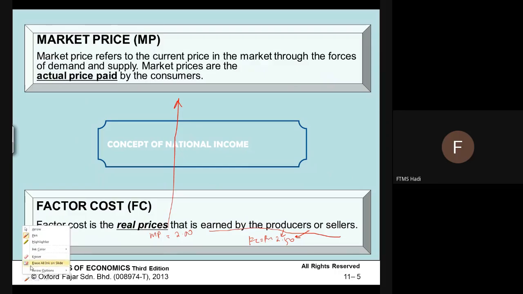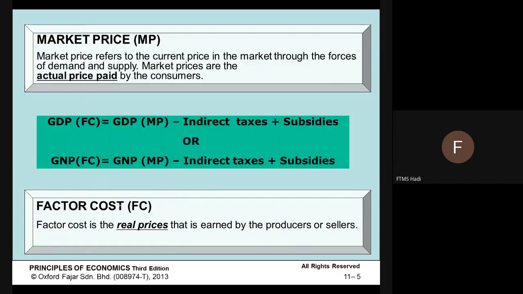So to calculate, GDP at factor cost is equal to GDP at market price minus indirect taxes plus subsidies. Indirect taxes in Malay is cukai tak langsung.